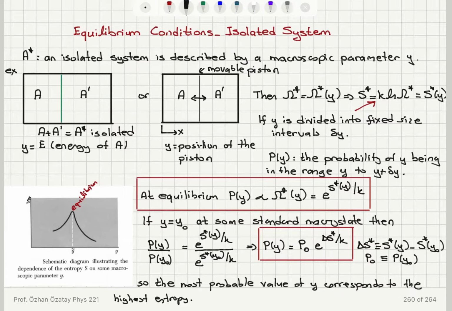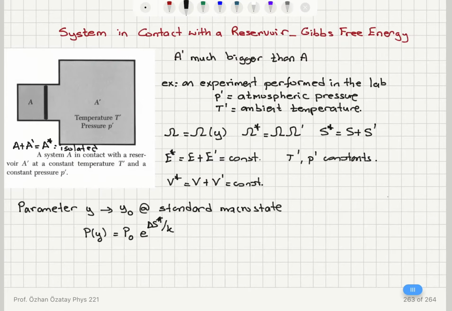Probability of a macro state y is p0 times e to the delta S star divided by k. So the same thing applies here. And when we say the entropy change for the isolated system A star, this is the entropy for y equals y, minus the entropy for y assuming the value y0.